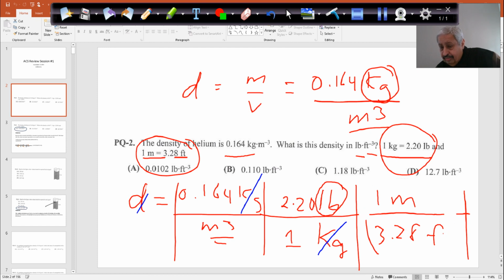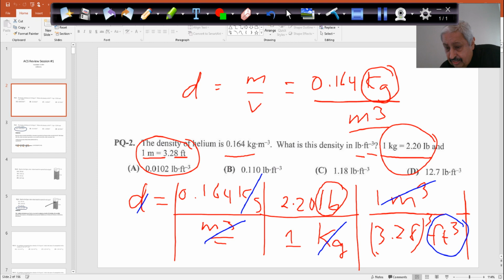So it is, and we'll say, I cube this one here, I cube this one here, I cube this one here. So now, the units cancellation: the cubic meter of the cubic meter out, and here you have all the units. So that's what you need. Pound is the mass, and the cubic foot is the volume.